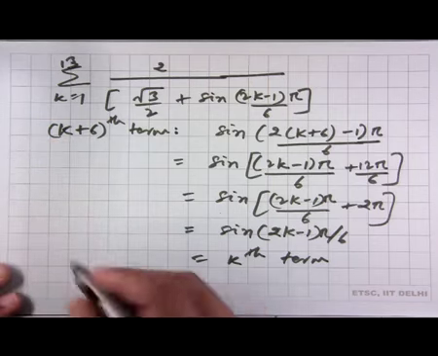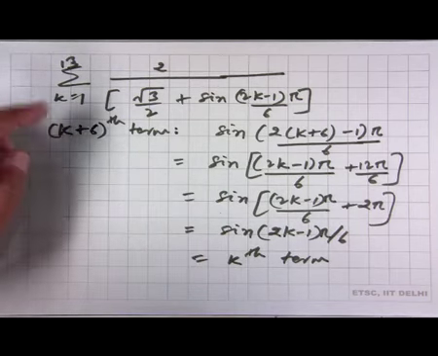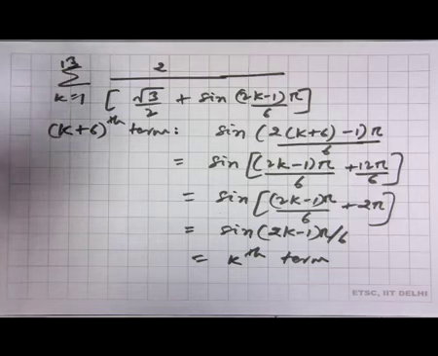So, we realize that the kth term and the (k + 6)th term are indeed the same, and therefore it follows that the first and the 7th term are the same, the second and the 8th term are the same. So, we can add both of them together.